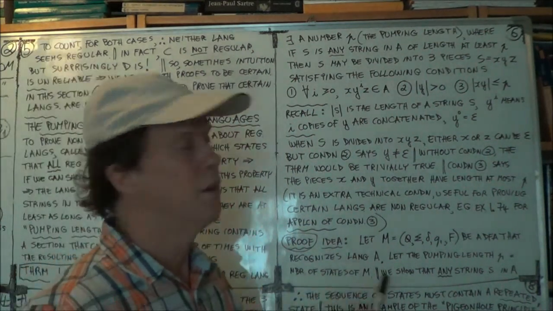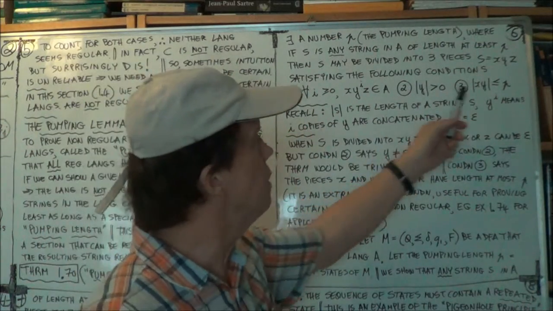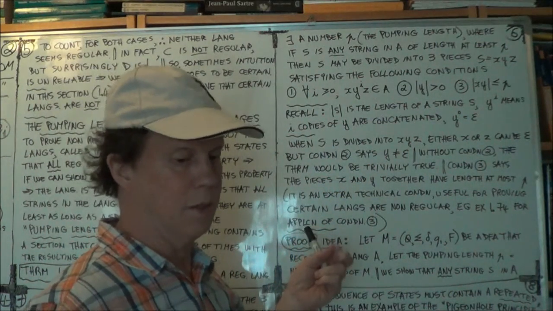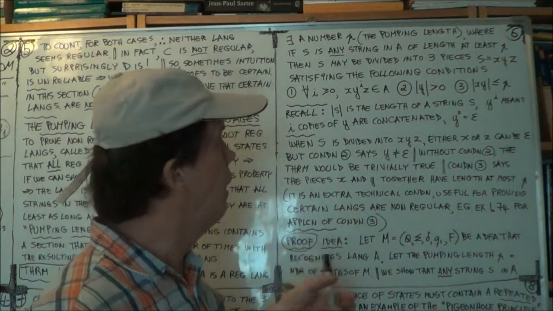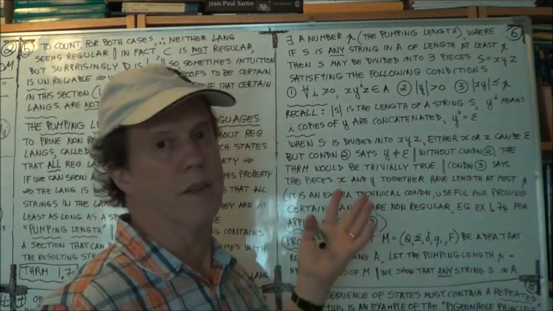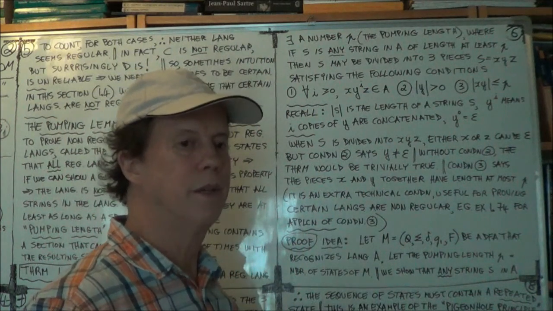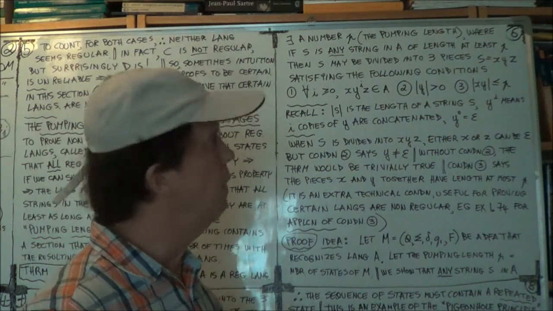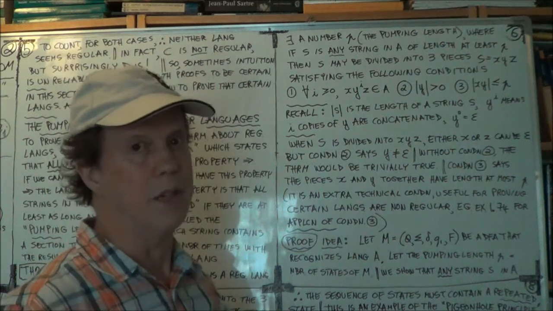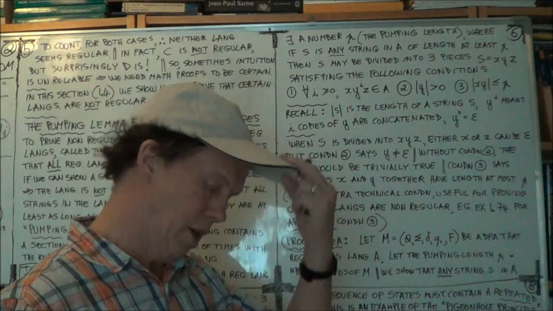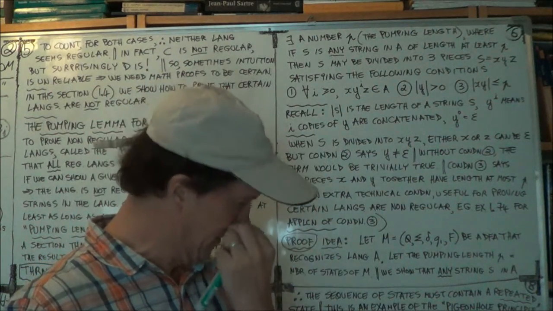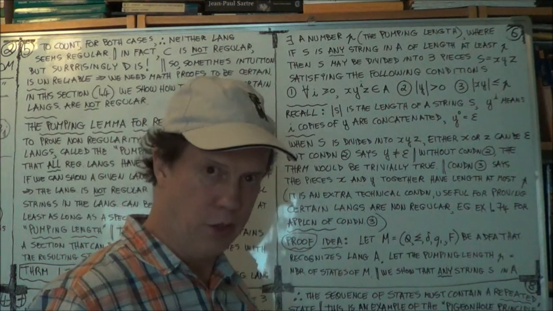So satisfying these conditions is a way to show that your language is regular. And if just one of these conditions cannot be satisfied, then your language A is not regular. So you've got yourself a means to detect whether a language is regular or not.